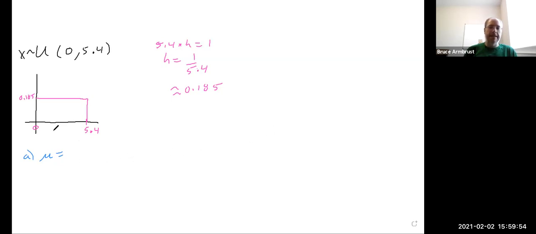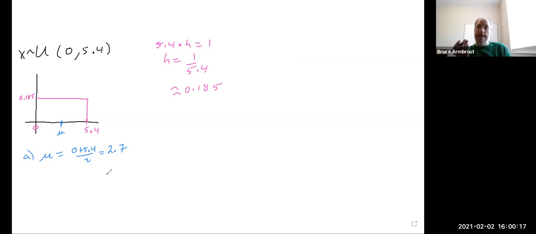Yep, that's exactly it. We want the halfway point here, because the mean is always at the halfway point with a uniform distribution. And so that's the average. So it's 0 plus 5.4 divided by 2, which is 2.7. Okay, so 2.7 is the mean.